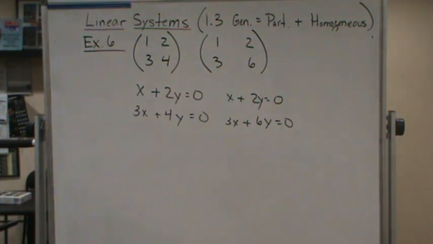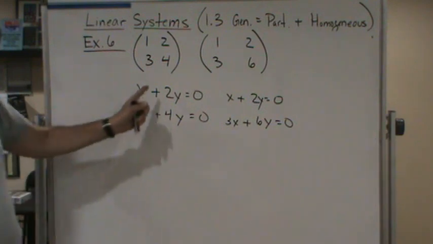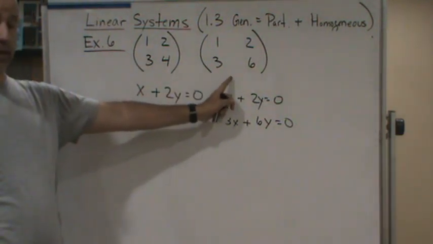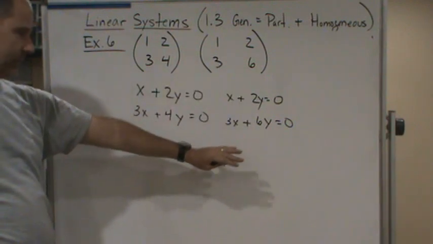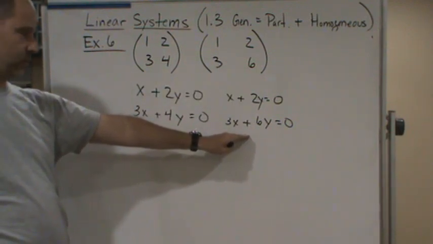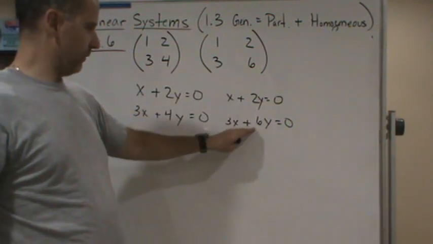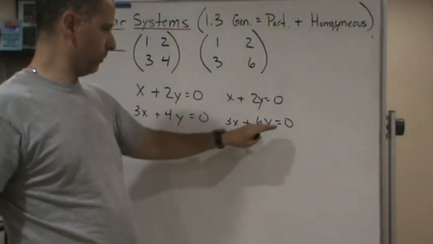And so when we're looking at this example, the first has a unique solution. This one's going to have infinitely many solutions, and you can see that. We've worked with these before. We can see that this is going to have infinitely many solutions because we're going to have a 0 equals 0 here.